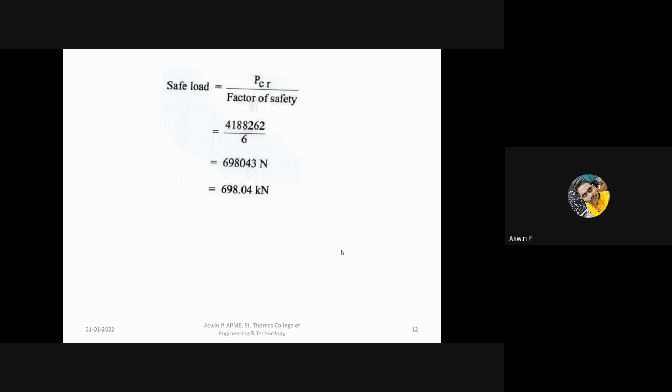We have different columns in our houses. Pillars are there for safeguarding or supporting the construction, floor, roof, everything. And over a long period, when we are applying a repeated load, that weight may vary. If it is rainy season, there may be a chance of absorption of water particles by the roof material.